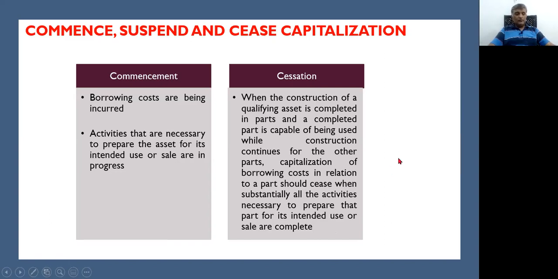If you complete block number 1 and you feel that it is complete in all respects, then you can stop the capitalization relating to block number 1. You can continue the capitalization for blocks 2, 3, and 4, but for block 1, you have to stop the capitalization. That's what they say.